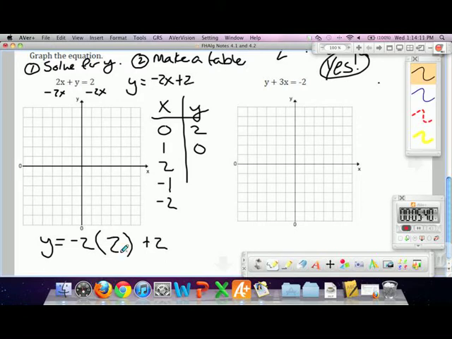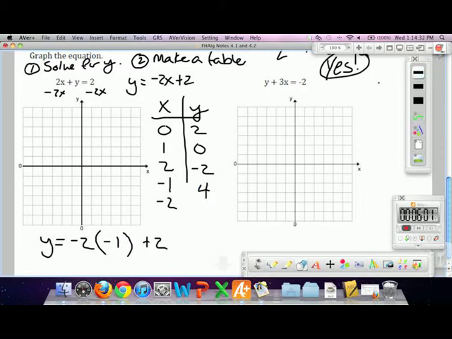What's -4 plus 2? Okay, x is -1 this time. -2 times -1 is 2, plus 2. -2 times -2 is 4, plus 2. Look at that, we have 5 points we can grab.